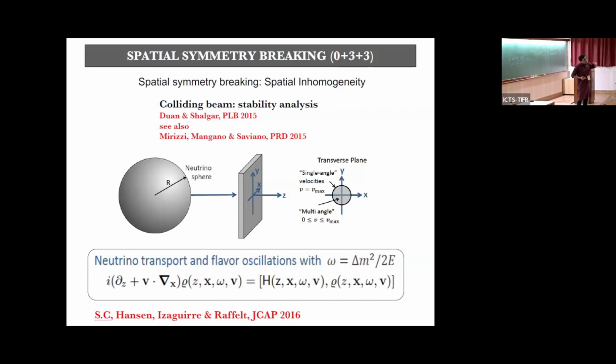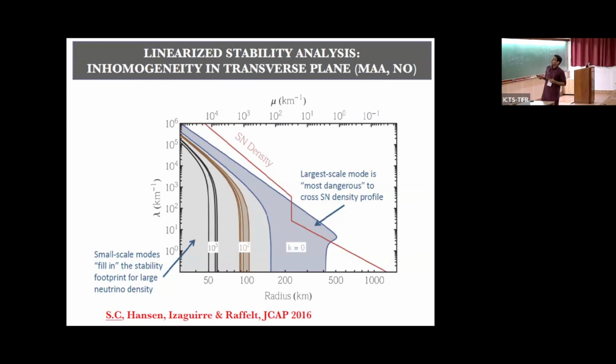If it were a homogeneous system, it's probably enough to look into the radial evolution. But if I have differences coming in the orthogonal plane, the question is, how big is this inhomogeneity? What we found is that the larger scale modes are the most dangerous ones. The small scale modes go far away from that. So probably it's a reasonable approximation. It's not bad to do the radial evolution, but with all angles for the emission.